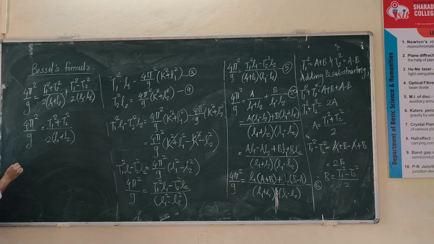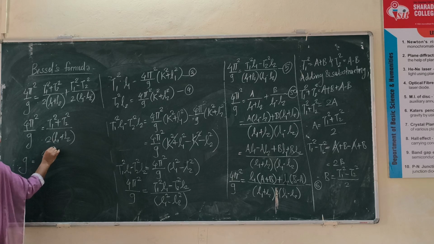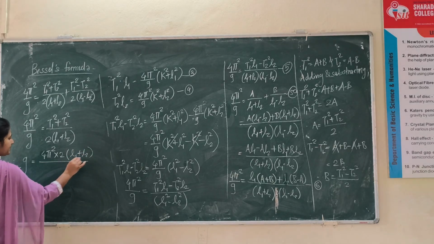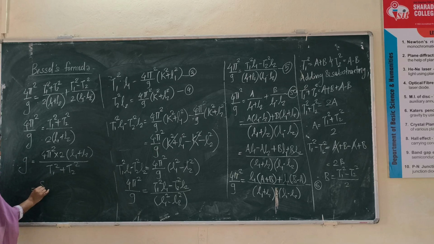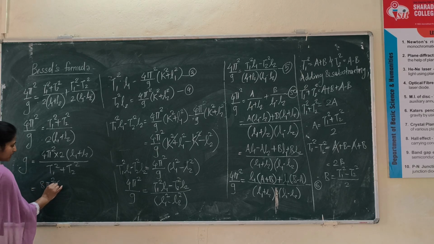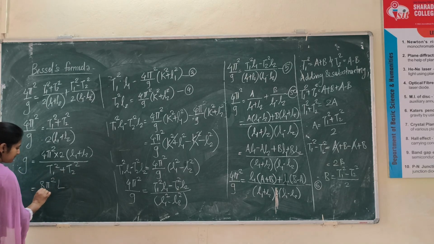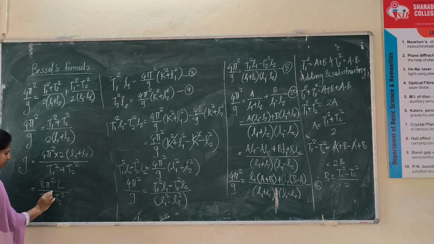Okay, so rearranging this equation in such a way that we get the value of g. It is g equal to 4 pi square into 2 into (L1 plus L2) divided by (T1 square plus T2 square). So it is equal to 8 pi square (L1 plus L2), which becomes capital L, divided by (T1 square plus T2 square).